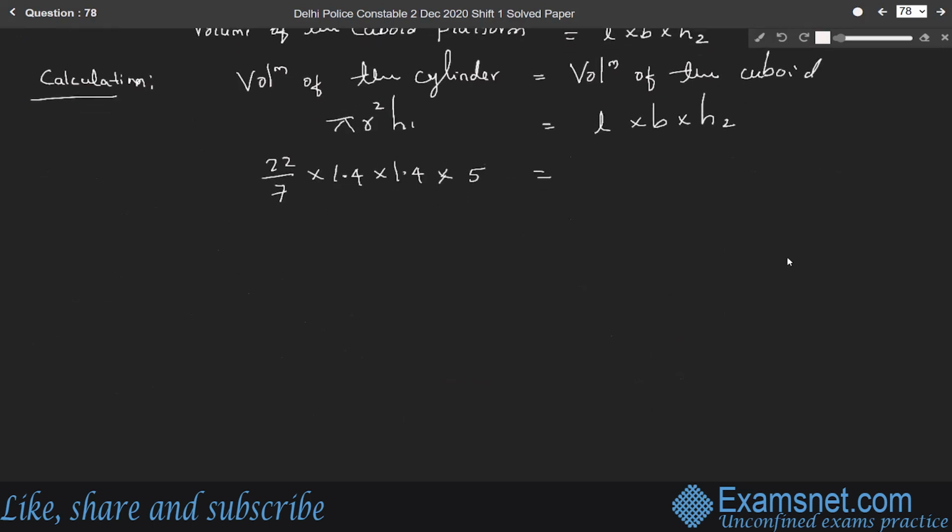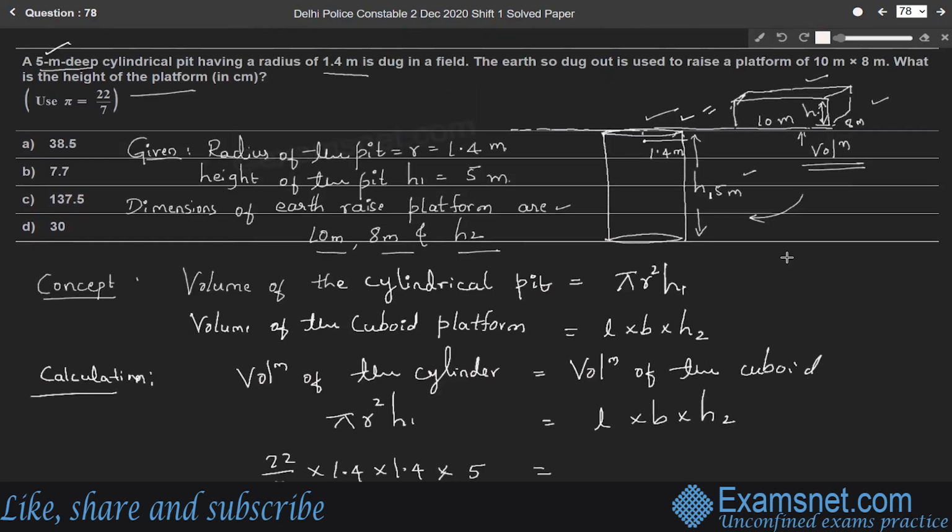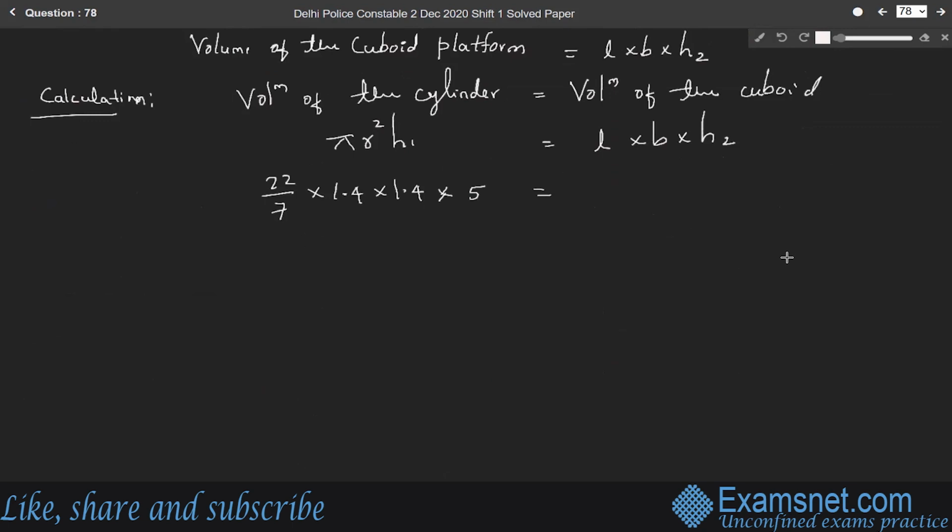So the volume of the cuboid, their dimensions are given already, 10 into 8 into h2, right? Simplify it. 22 by 7 into 1.4 into 1.4 into 5 is equal to 10 into 8 into h2.